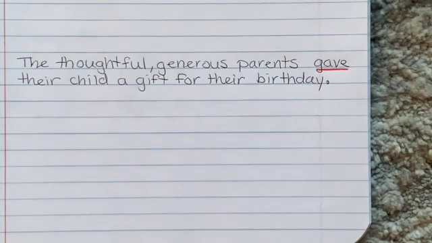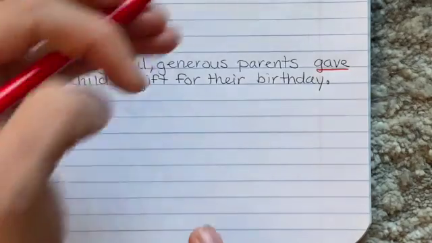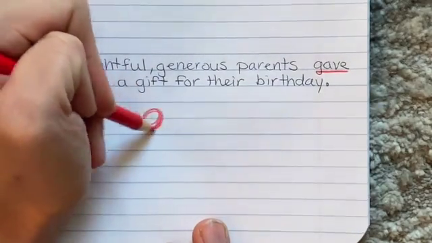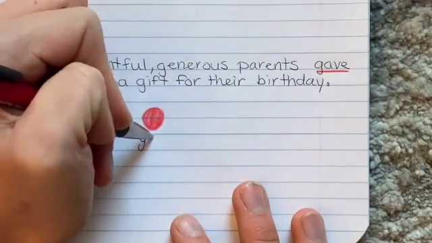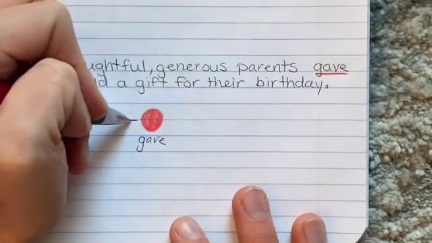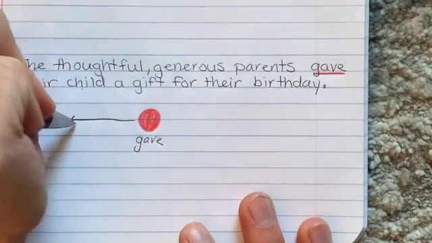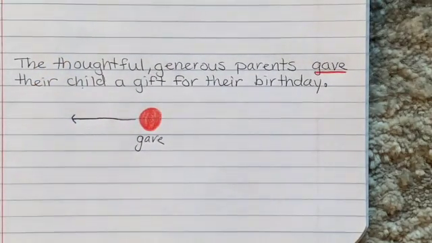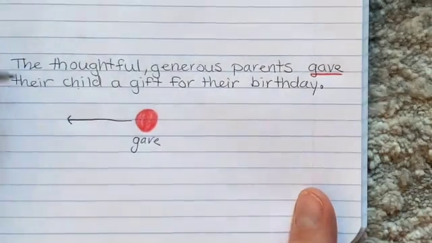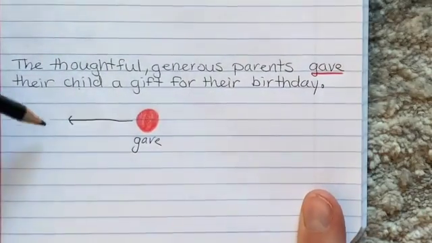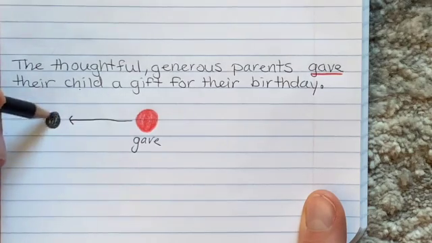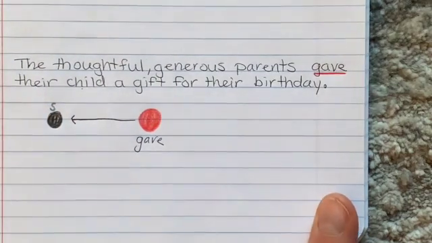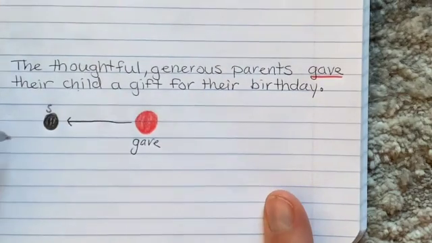Let's go ahead and diagram gave because we know that's the verb. And let's find who or what is doing the giving. In this case, it's the thoughtful, generous parents. That's our subject, the person or the things or people doing the action.